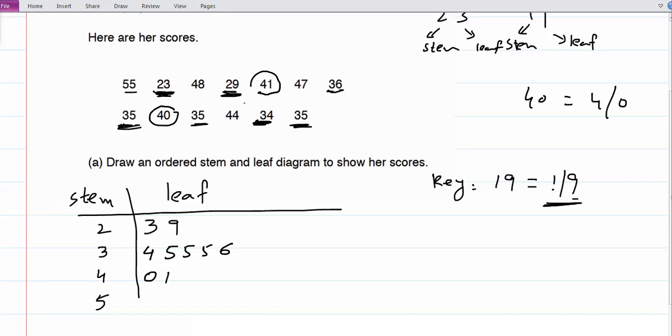Then the bigger number after 41 is 44. Then 47 is there, so 4 we wrote, write 7. And then 48 is there.